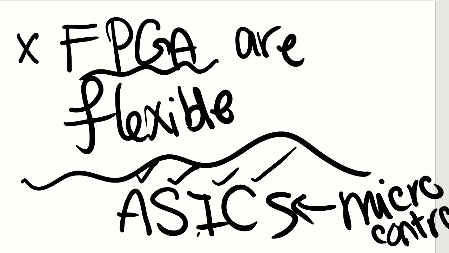Another thing is that FPGAs don't execute code like microcontrollers. So that's another difference. The major one is that FPGAs are flexible. Microcontrollers are built to do something, and that's it. When you buy it, that's it. So they are ASICs. Okay.